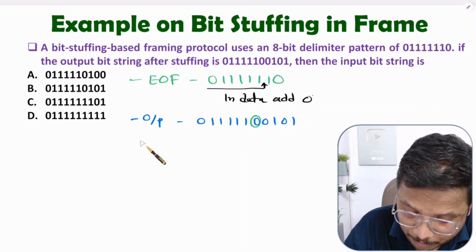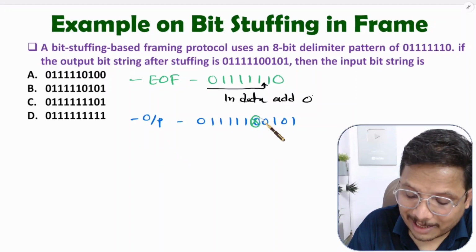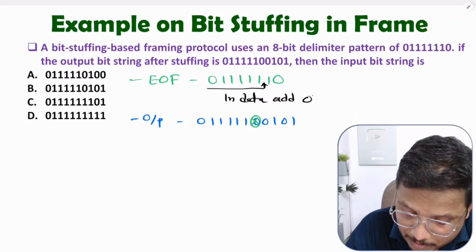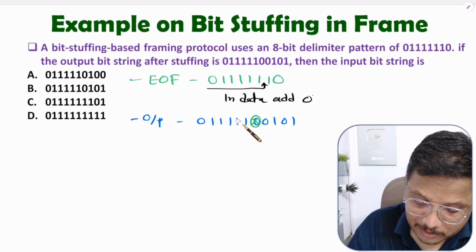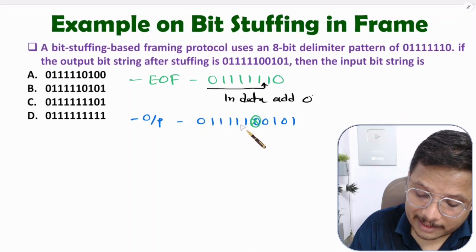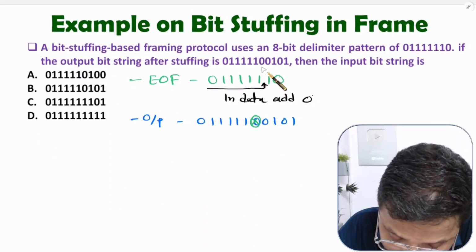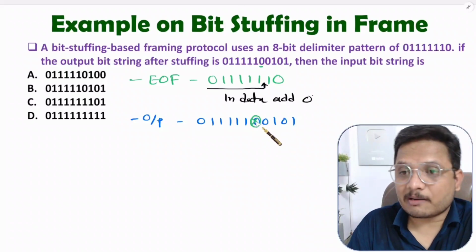So at the input side, this is the additional data, and this you have to eliminate. So the actual input data could be 0, then five 1s, then 0, 1, 0, 1, right? This is the actual input data, and this 0 that we are adding is to avoid false termination.